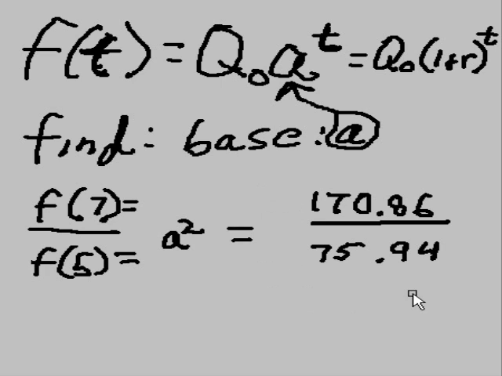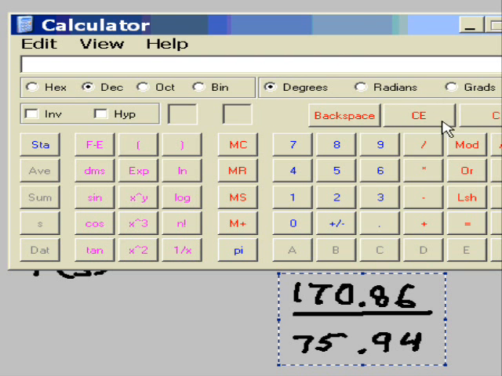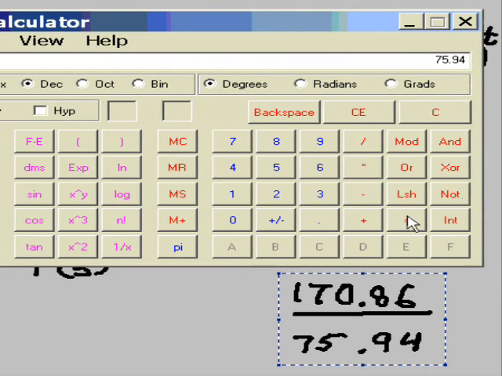170.86 over 75.94. Well, what's that equal to? Time to get out the old calculator. Let's figure this out. It's 170.86 divided by 75.94, and that equals 2.2499.